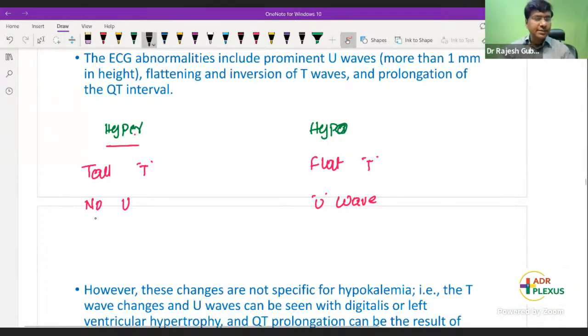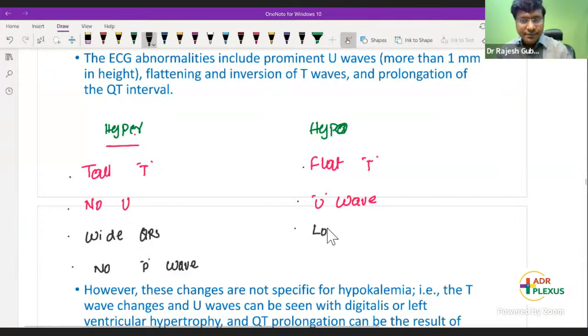In hyperkalemia, you have wide QRS complex and subsequently no P wave, whereas in hypokalemia, you have long QT interval and ST segment depression, right? So these are some of the ECG changes you should know between hyperkalemia and hypokalemia.